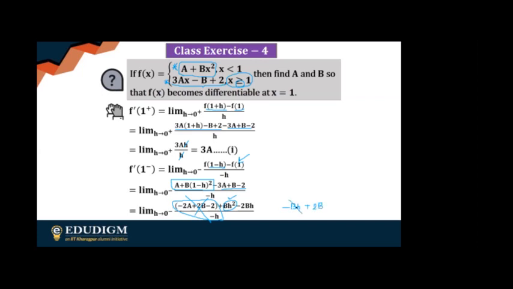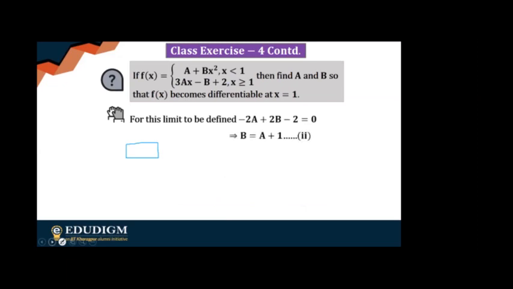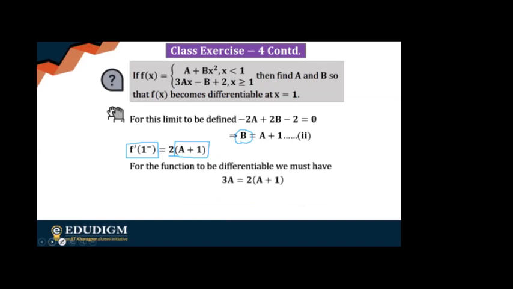Now if you put H to 0, this is going to go and you just have 2B, all right? So 2B is nothing but 2 into A plus 1 because B is A plus 1. Now this is the left hand derivative. The right hand derivative was 3A. So this is what you have for derivability at this particular point. Consequently, you can find out the value of A and B.